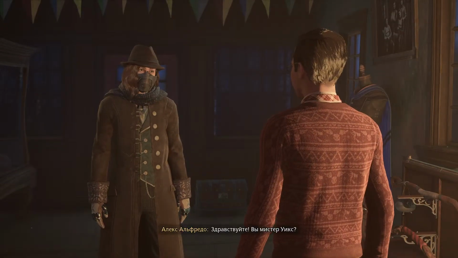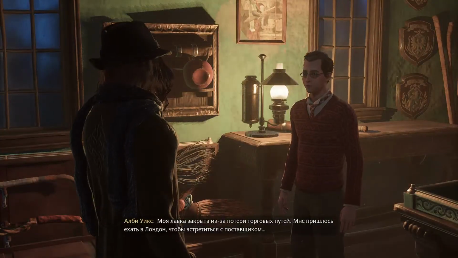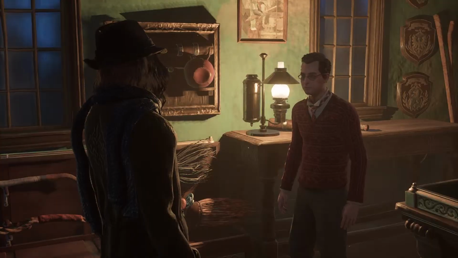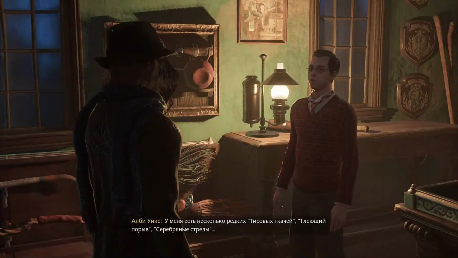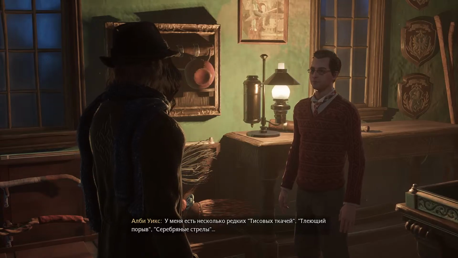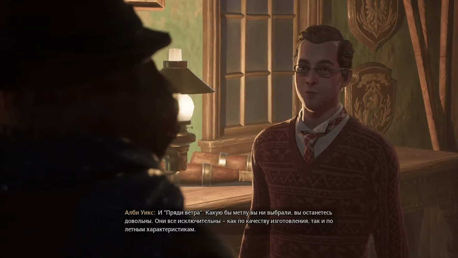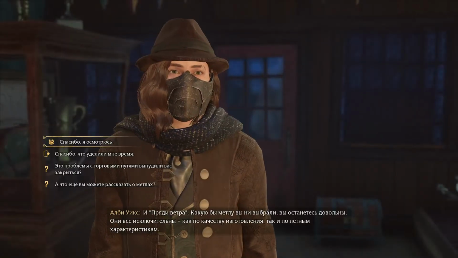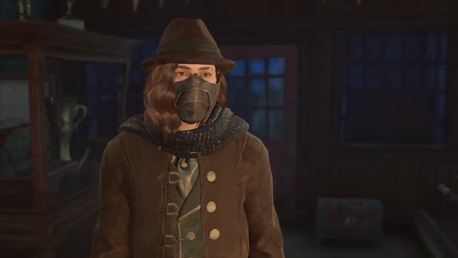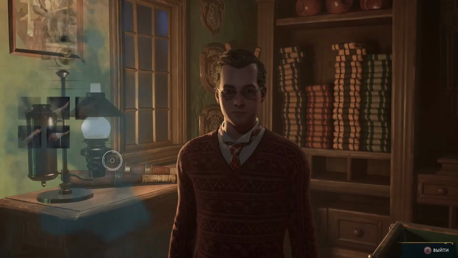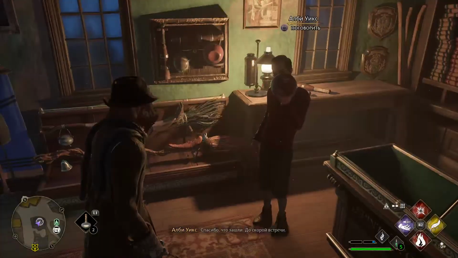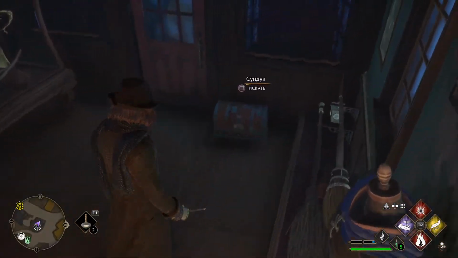Hello, Mr. Weeks, is it? Shop's been closed since trade routes were disrupted. And I've only just returned. Thankfully, with him. Got a few rare U-weavers available. Emberdack, wind wisps too. No matter what broom you choose. Sounds quite the array of... Thanks for stopping by. Hope to see you again.